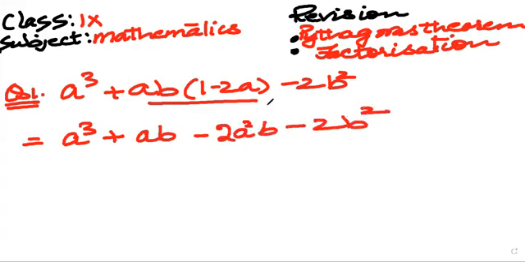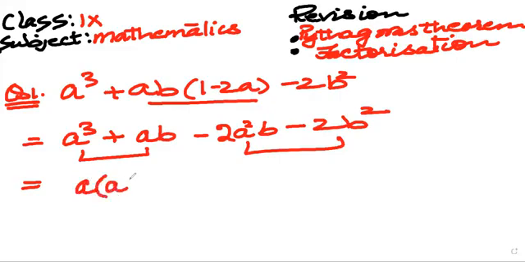Now let's try to take out something common. Let's check if anything is there. Okay. So here, let's combine the first two and the last two. I guess children, from the first two, what is common? Can you see what is common? Yes, a is common. So inside it will be a square plus b.